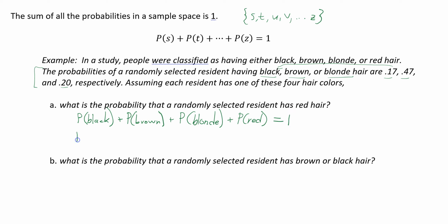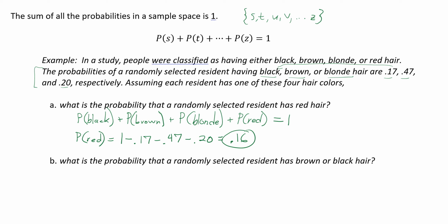So to find the probability of people having red hair, it would be 1, representing 100%, or the total that all the probabilities would add to, minus the probability of having black hair, brown hair, and blonde hair. So this ends up being 0.16. The probability of having red hair is 0.16.